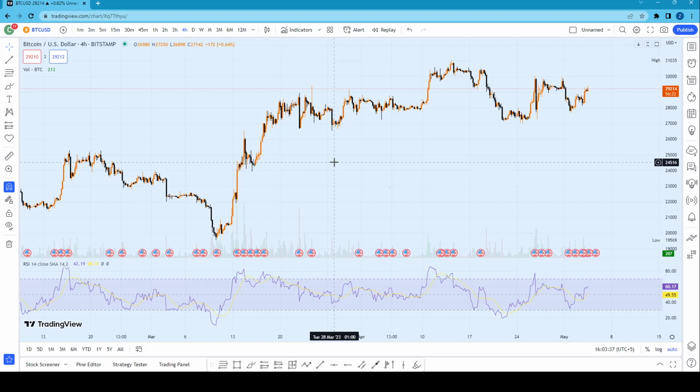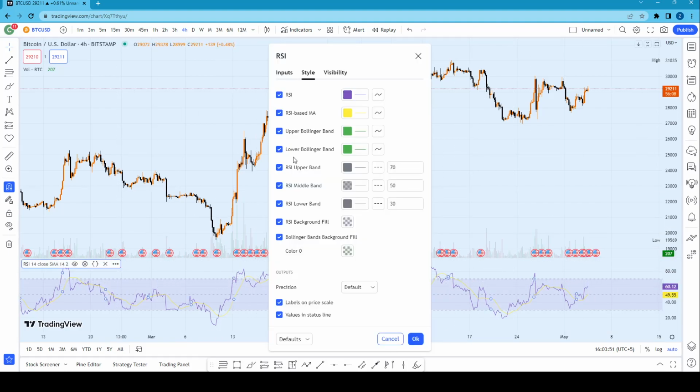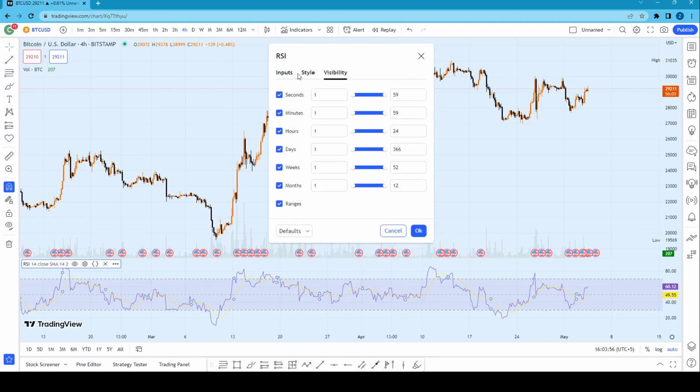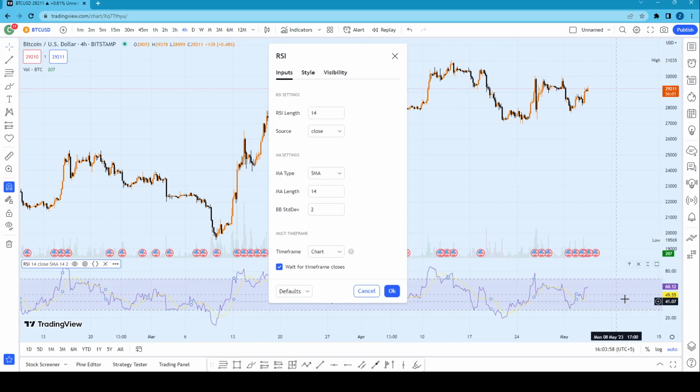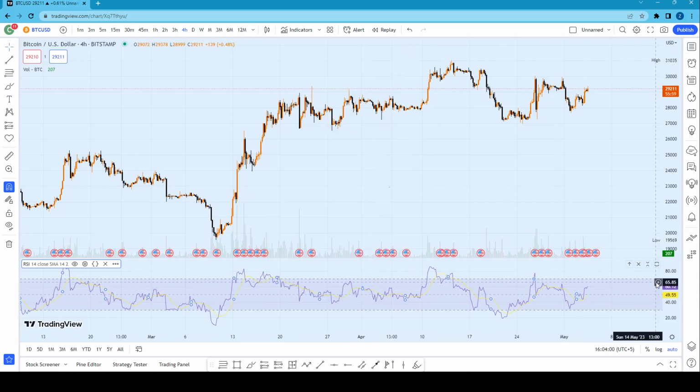It's an oscillator which moves between the values of 0 to 100, not touching the extremes though, but there are overbought and oversold values for this. Like they have marked here in the settings, there are two values in the setting: the overbought value is 70 and the oversold value is 30.